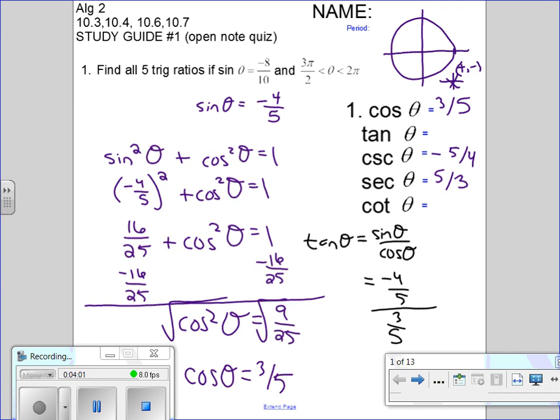Those 5's will cancel out, so I believe tangent is negative 4/3. Which means you'll have cotangent by reciprocating it. I'll pause and let you catch up and ask questions.